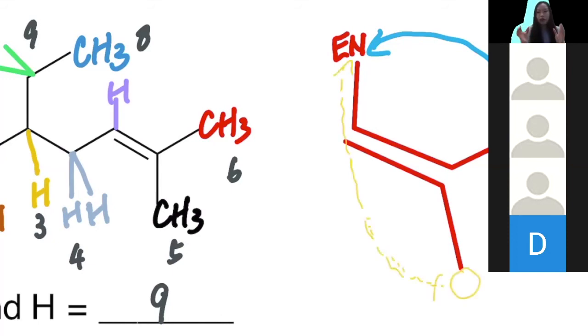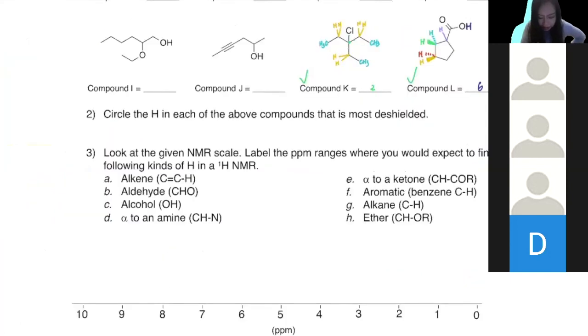Does that make more sense to you? If I just have a single bond, then these two are going to freely rotate. A very electronegative atom is going to steal the same amount from both the blue hydrogen and the yellow hydrogen.